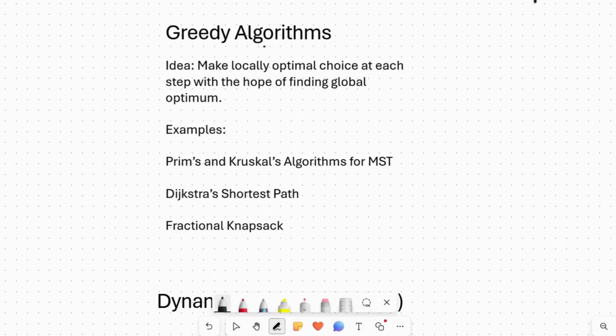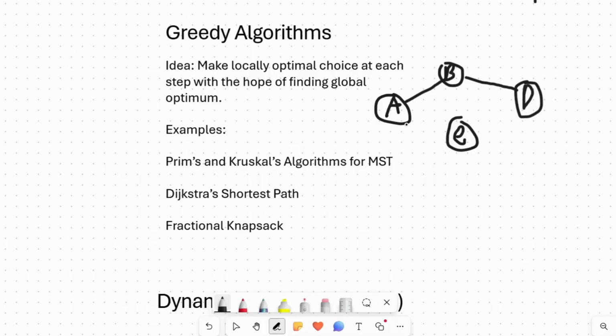Let's talk about the greedy algorithm. It makes a locally optimal choice at each step with the hope of finding the global optimum. To explain this, for example, there is a graph with A, B, C, and D. A has to go to D. How can A go to D?